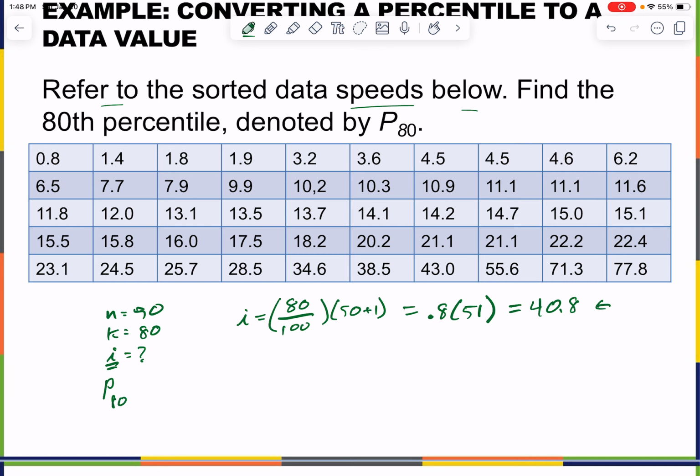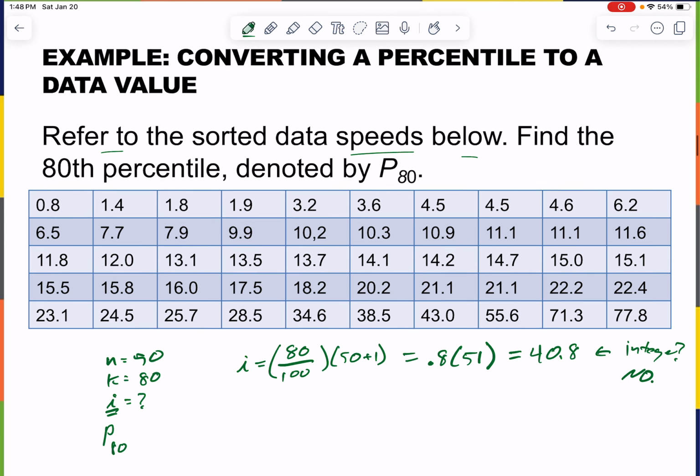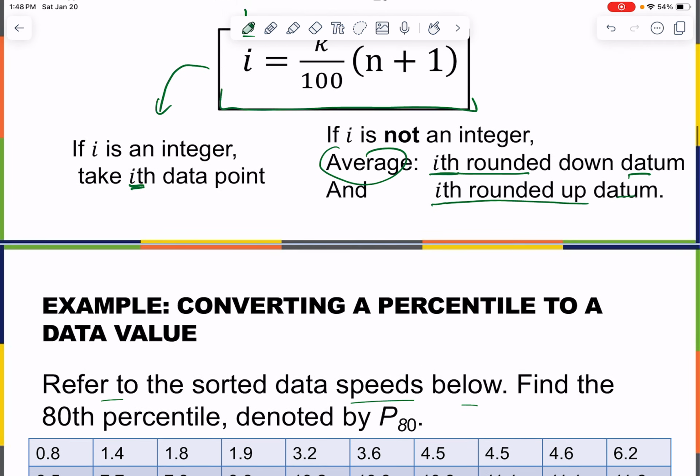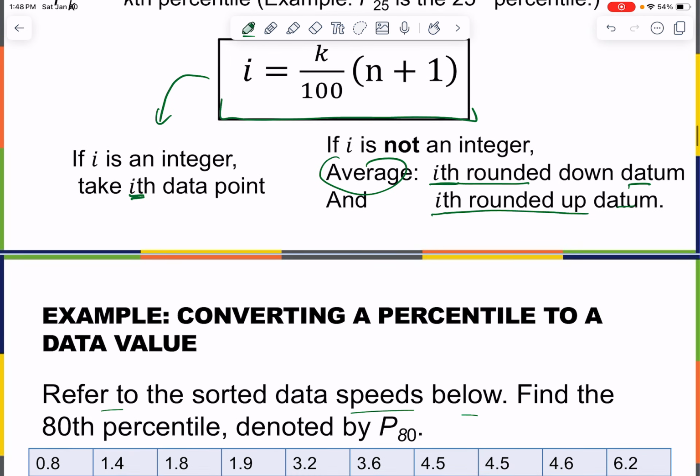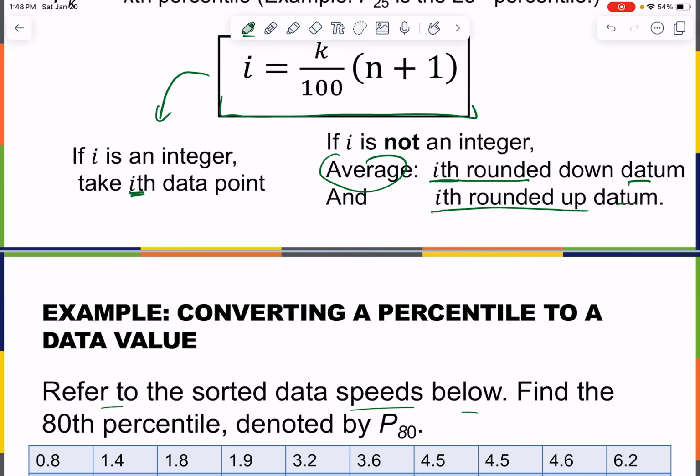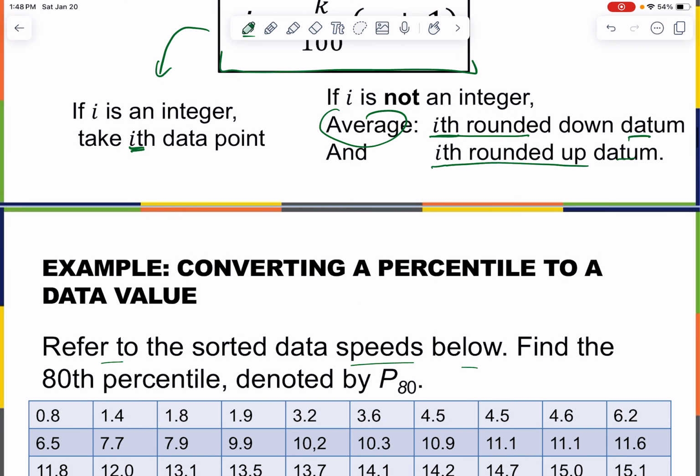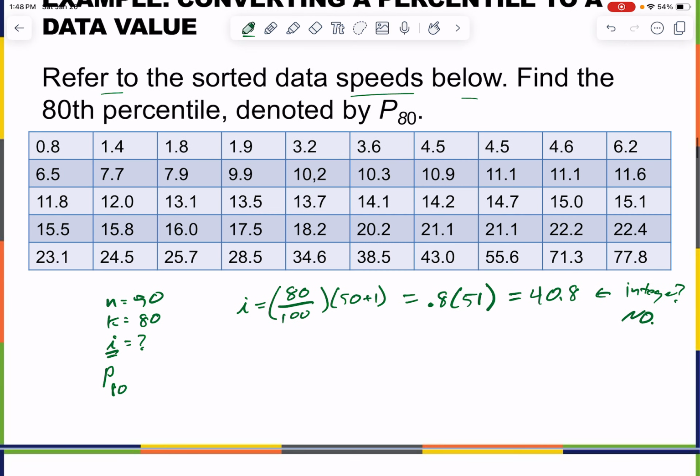So that equals 40.8. Is this an integer? No, it's not. An integer is a counting number, 1, 2, 3, 4, 5. So it's not an integer, so what I'm going to do is take the 40th rounded down datum and the 40.8 rounded up. So I'm going to look at the 40th data and the 41st data. Now the 40th data is 1, 2, 3, 4.